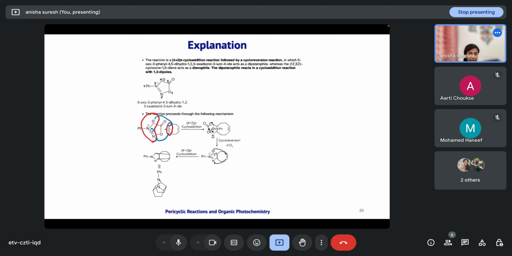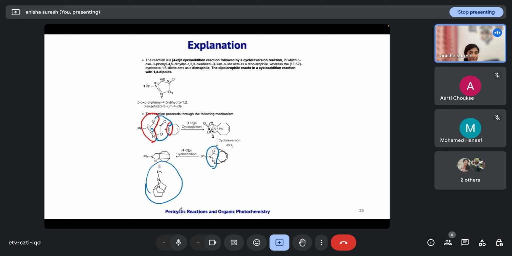Again, this resulted in the formation of a new dipole that will undergo reaction with this dipolarophile, which is already present in the cyclooctadiene. So it will finally result in the product. If we redraw this resulting structure, it will be like this.